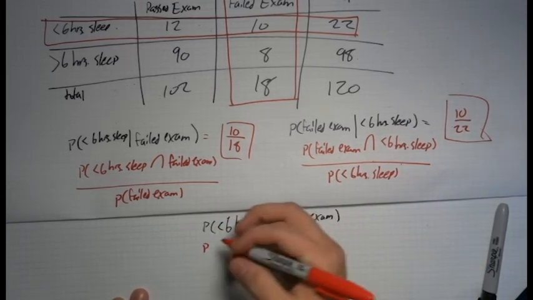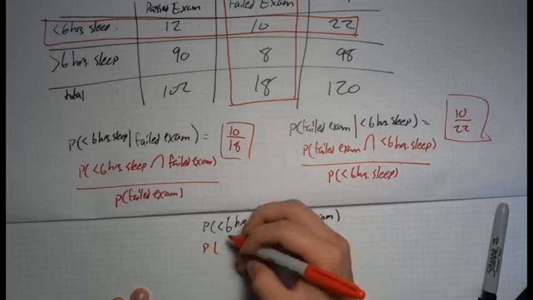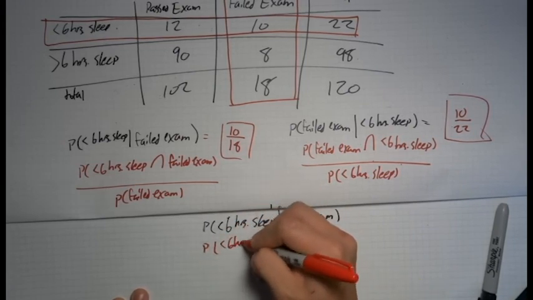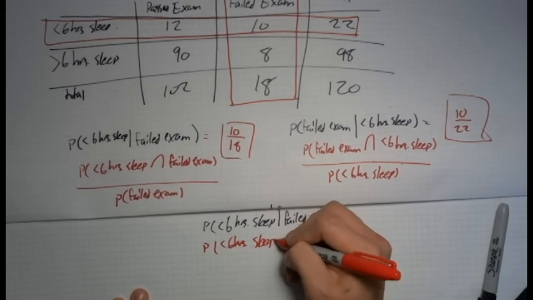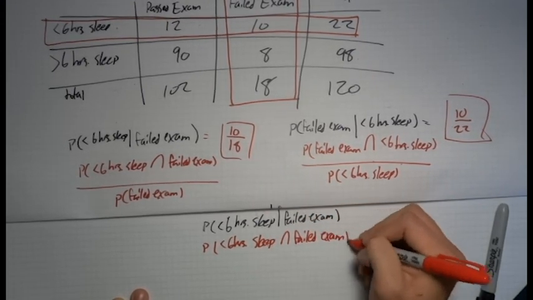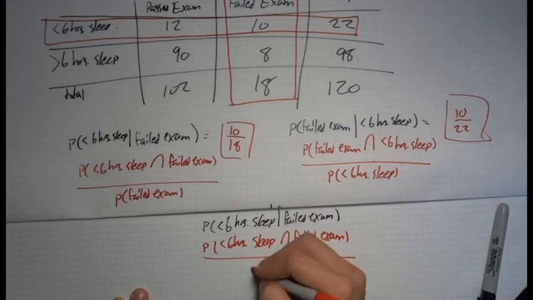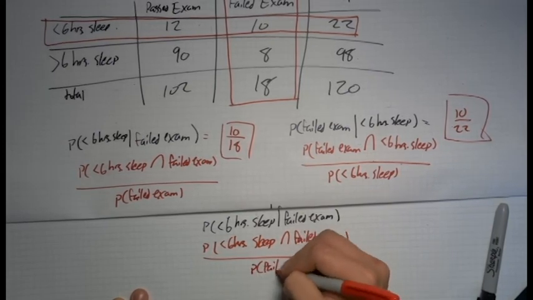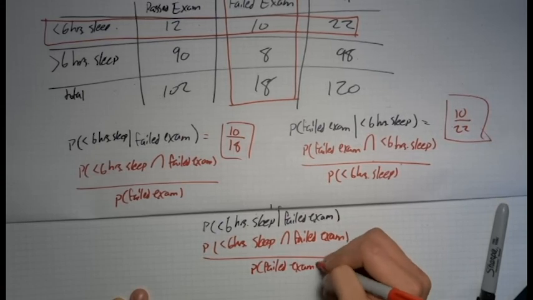When we have a given or a conditional probability question, less than 6 hours of sleep and failed the exam divided by the probability that a person failed the exam.